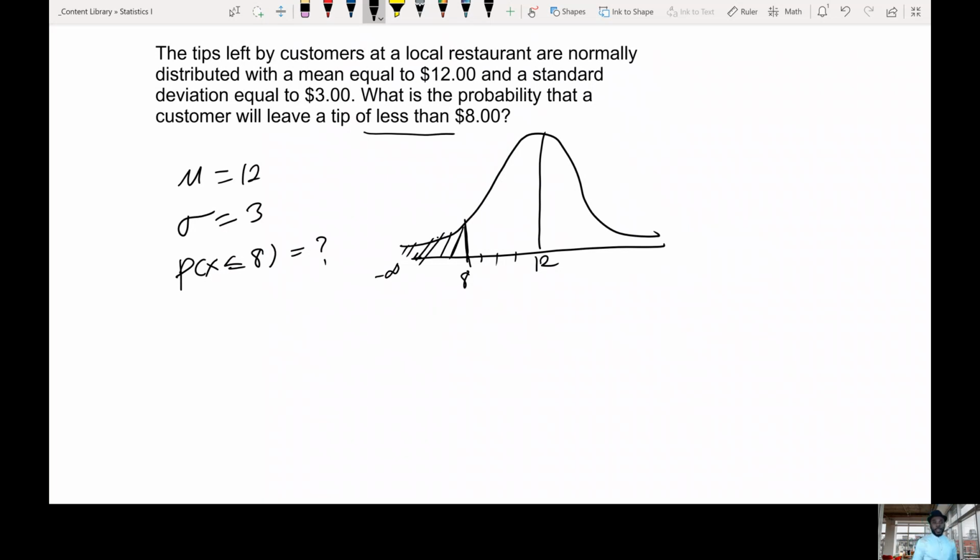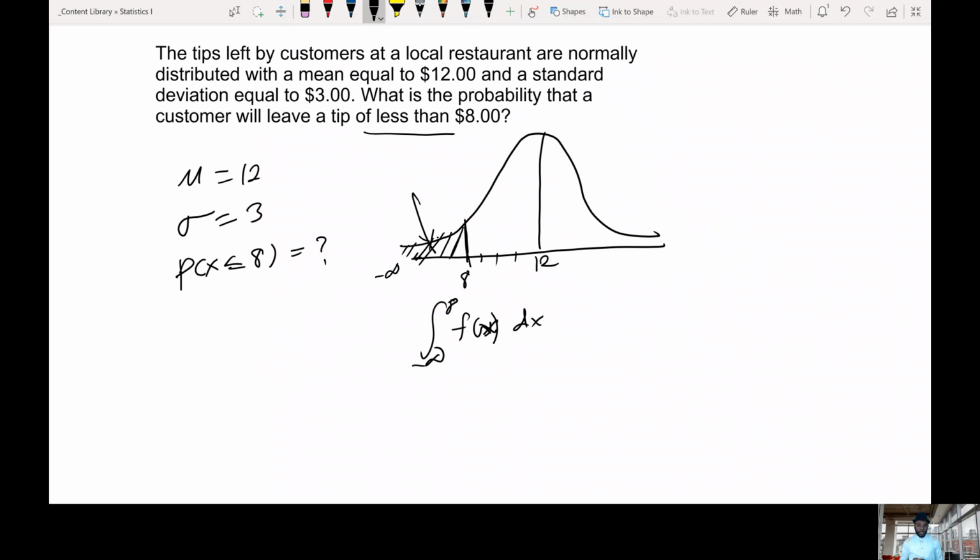Okay. So if I was to bring that expression, the integral from negative infinity to 8 of f of x with respect to x. Okay, we're not dealing with calculus. I'm just trying to scare you a little bit. All right, so this is the probability of interest. That's what we want to find.